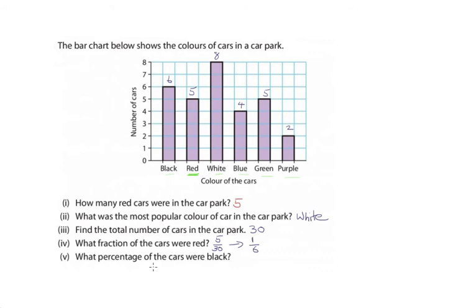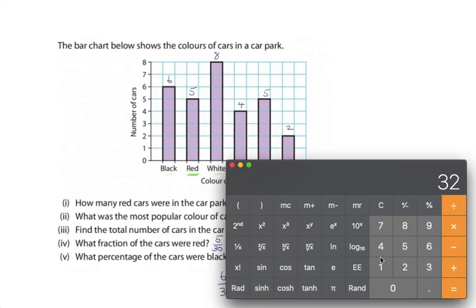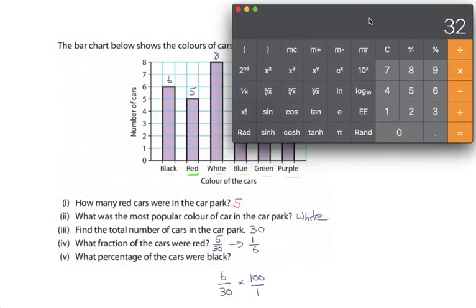Now, what percentage of the cars were black? Okay, this is like the line plot one we did yesterday. So we look and see how many black cars do we have. We have 6 black cars. And how many cars in total do we have? We have 30. And we multiply that by 100 over 1, which is the same as saying 100. Now I'll just get the calculator and pop it up here.